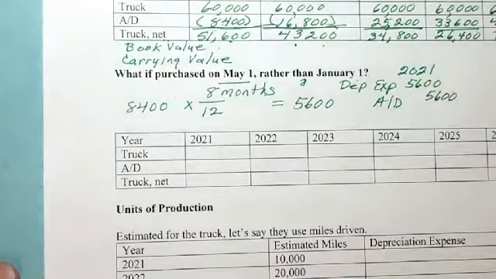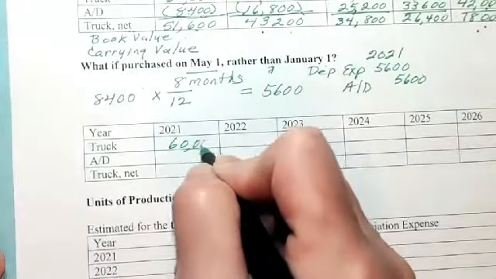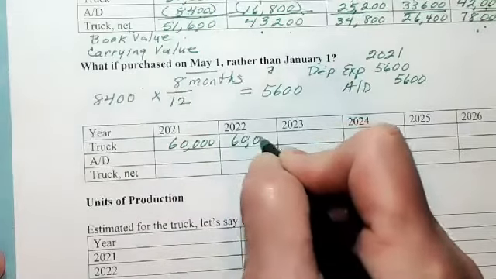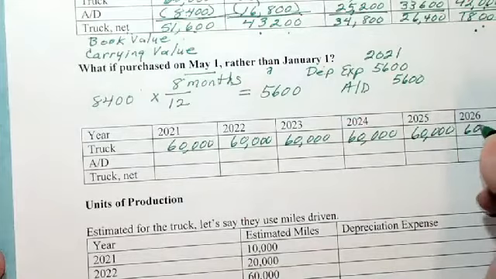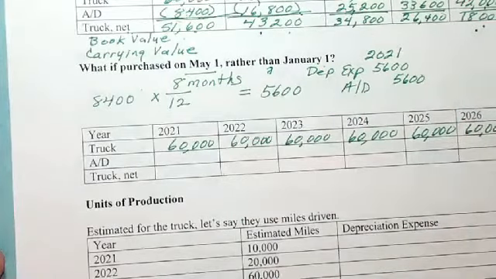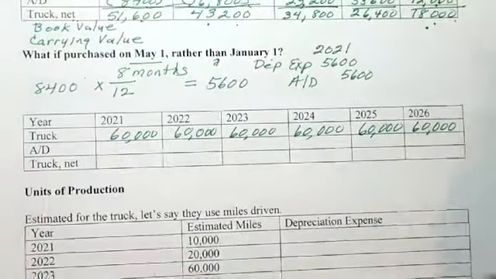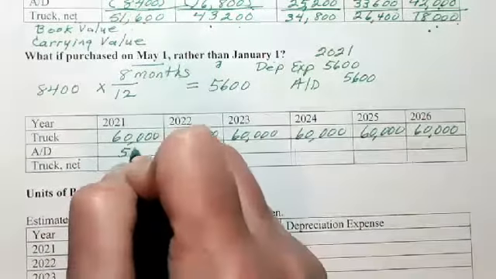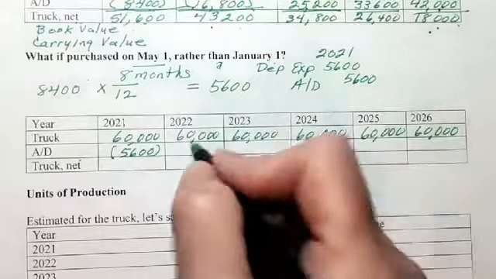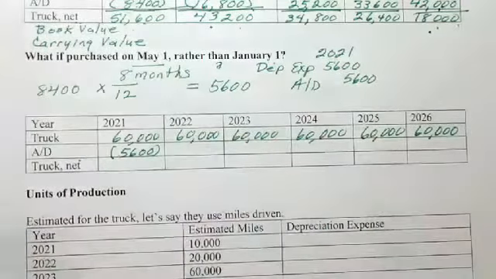After that, we're back to a year. I'm going to go ahead and put this all the way across so I don't mess it up. Make sure you always put the original cost, not the 42,000 after the salvage value. My accumulated depreciation that first year then is 5,600. But after that, it's the 8,400 every period.